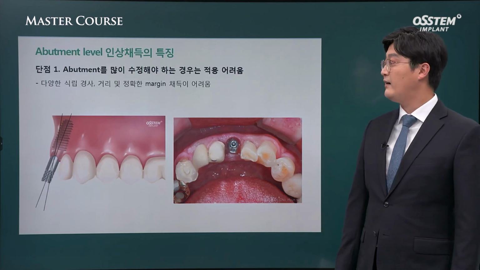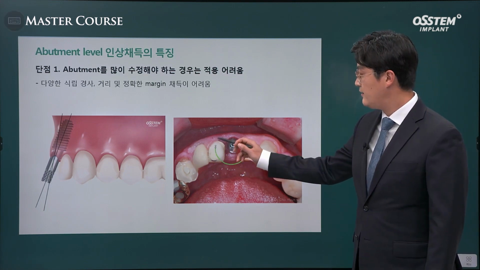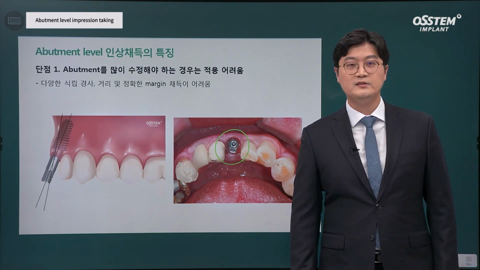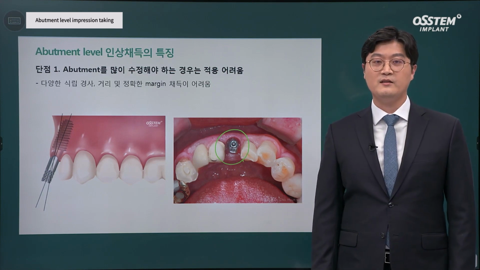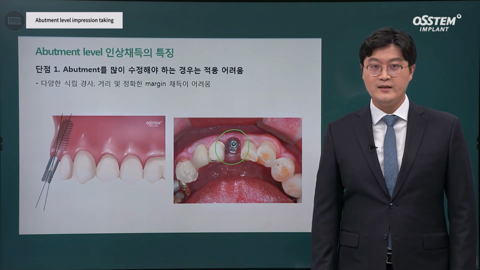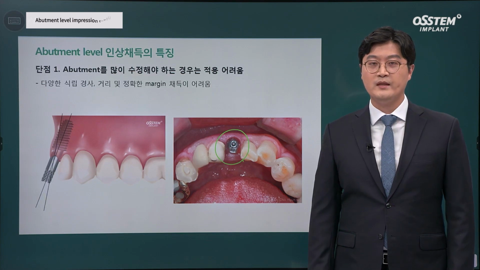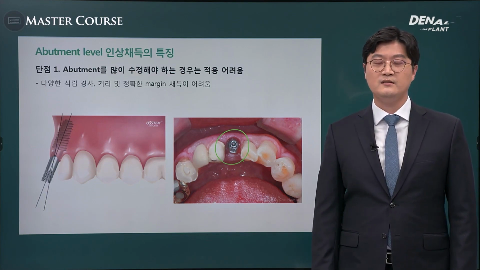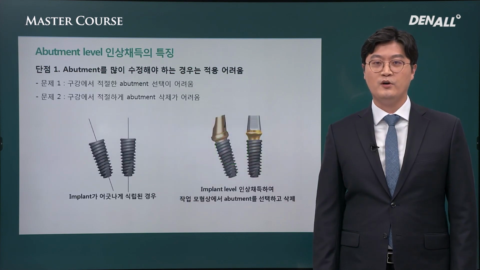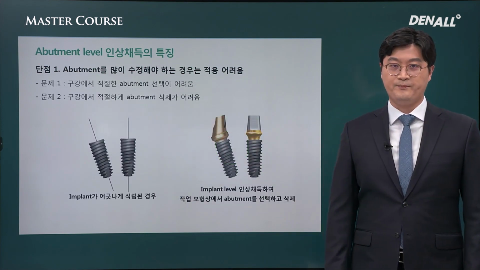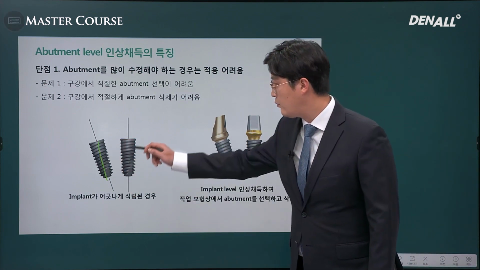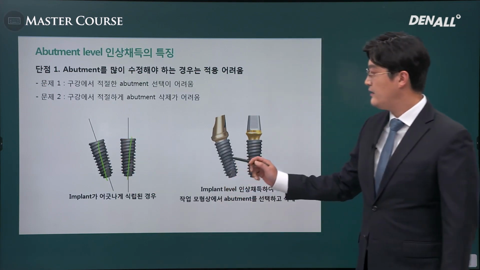A disadvantage: in the anterior region, the implant hole is buccally positioned. Then in the mouth, it is difficult to choose a stock abutment. When a stock abutment is used, it should be prepared to modify the abutment, so that is the difficulty. Second, implants are not placed in parallel.